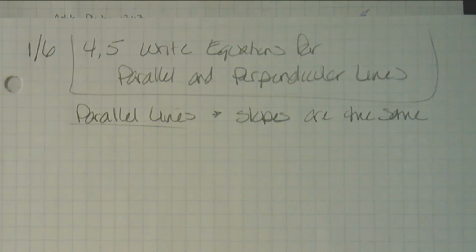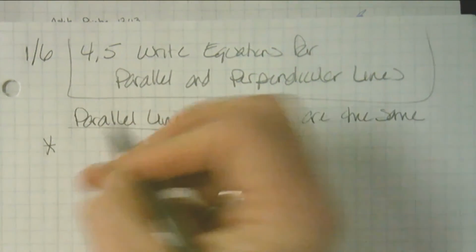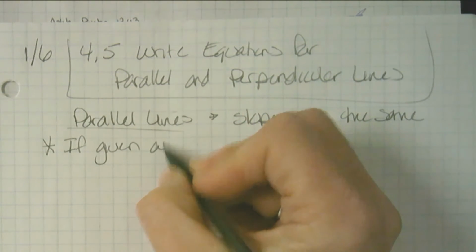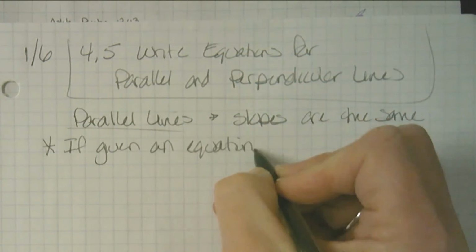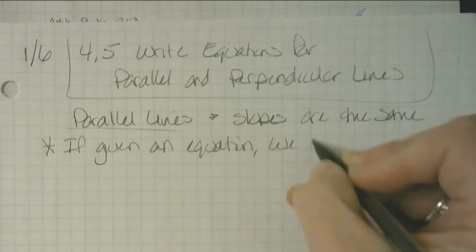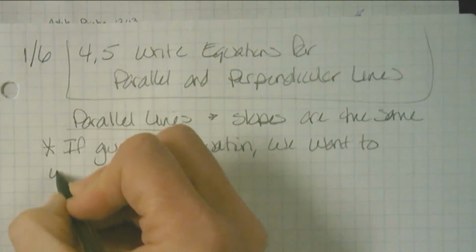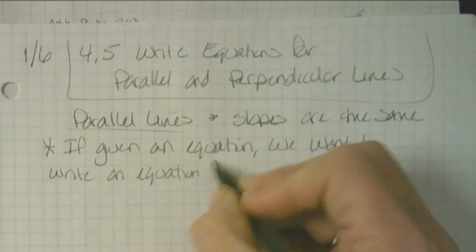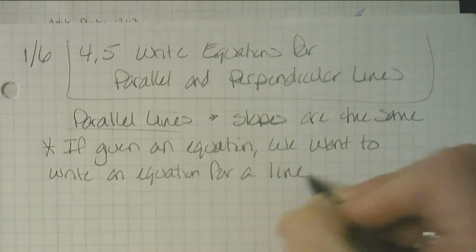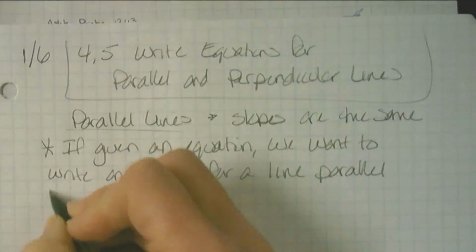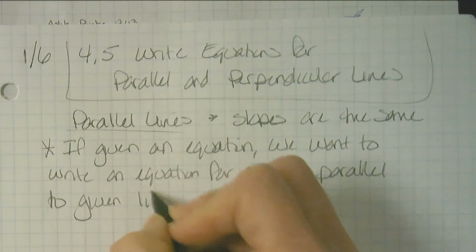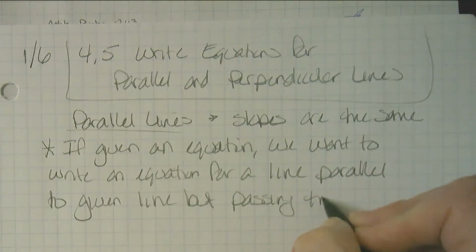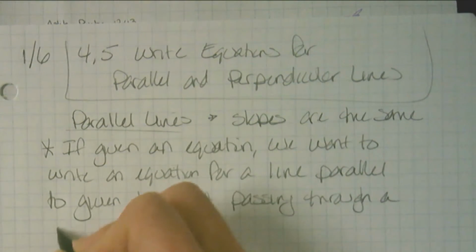All right, so what I want to focus on is, if given an equation, we want to write an equation for a line parallel to the given line, but passing through a given point.